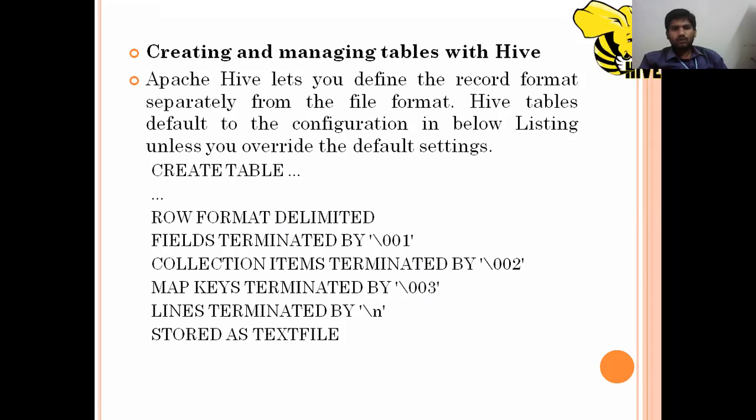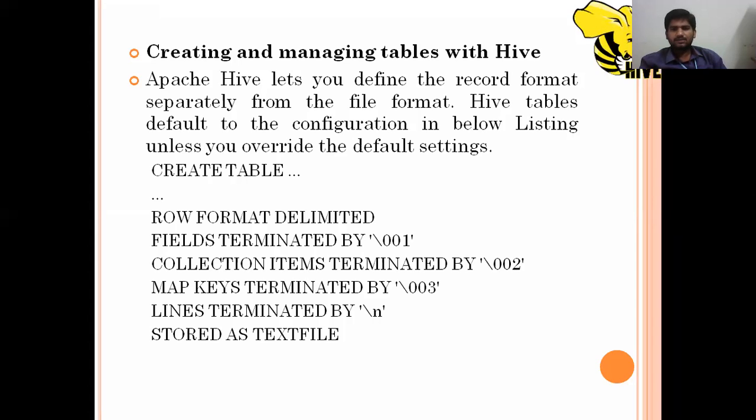If you want to change the termination delimiter and all those things, in the last class I showed you one simple program. There we used an apostrophe s for terminating the field, a cap symbol for mentioning the map things, and the collection of items terminated by the identifier by the line.